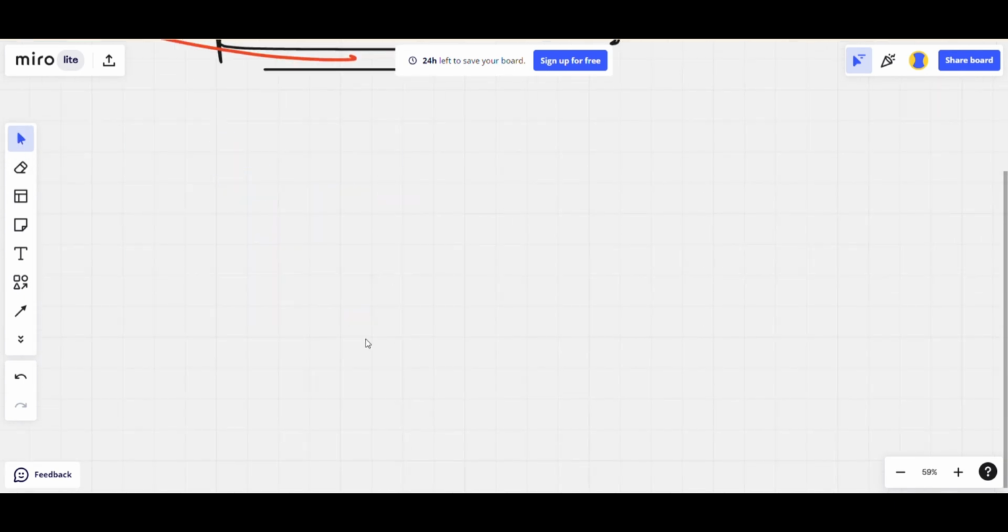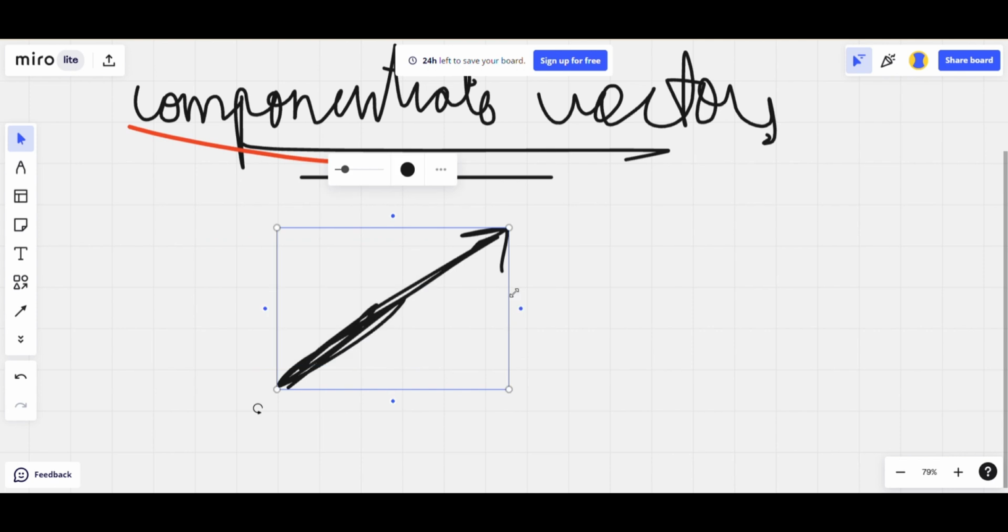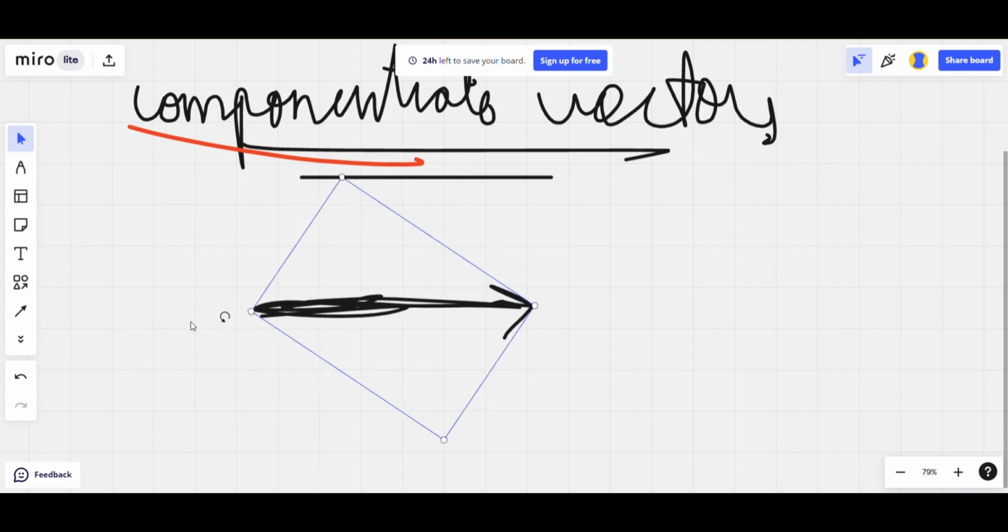Now, if we reverse this idea, to break down a vector rather than forming a vector from 2 components, let's say we are given a vector like this in this direction. How do we define this vector? It's not like we can change the position of this vector and describe it as something moving along the direction of the x-axis. That's not possible, right?